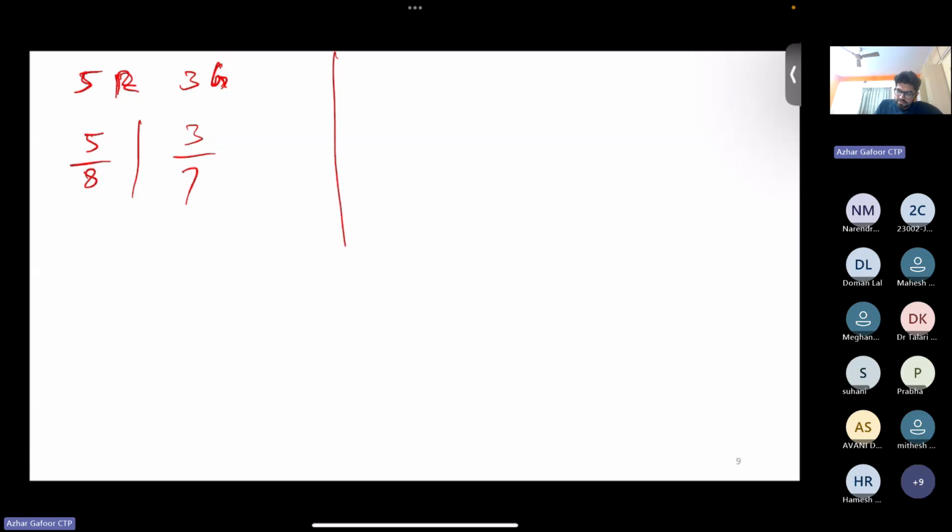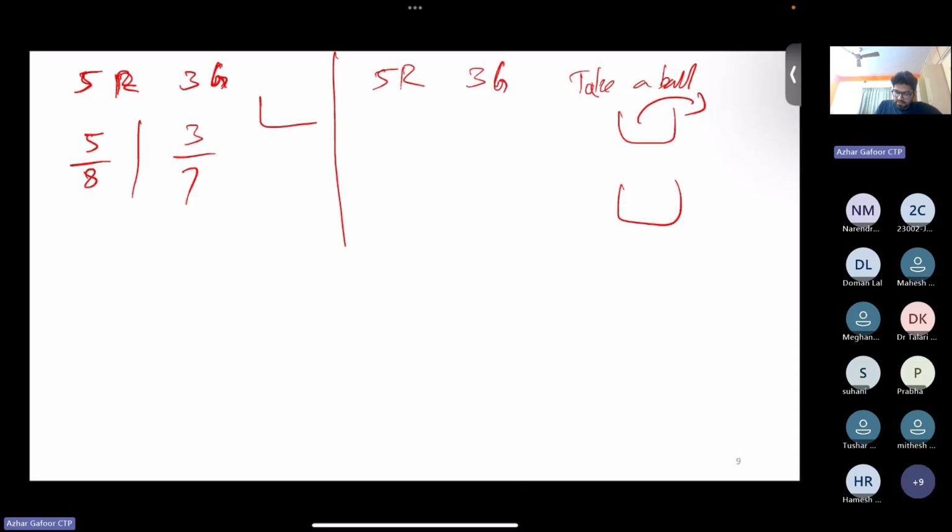Now let's say we have five red balls and three green balls, and this time we are replacing the ball. That is, we take a ball from the basket, then we put it back, and after that we take another ball.